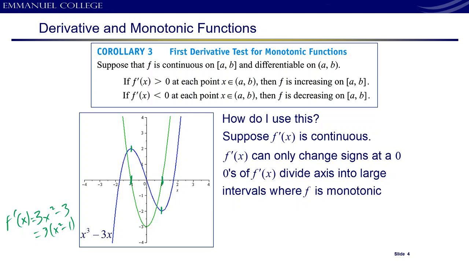And this is what we did before. F prime of x can only change signs at a 0. And those zeros of the derivative will divide the axis into monotonic intervals. This is just formalizing that idea where I talked about treating it like roots of a polynomial.